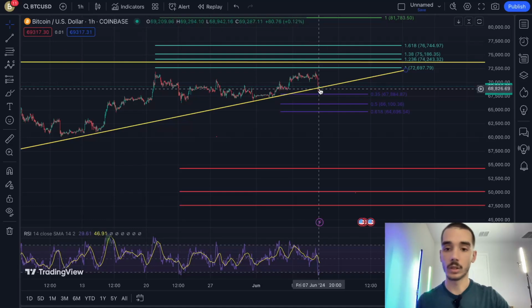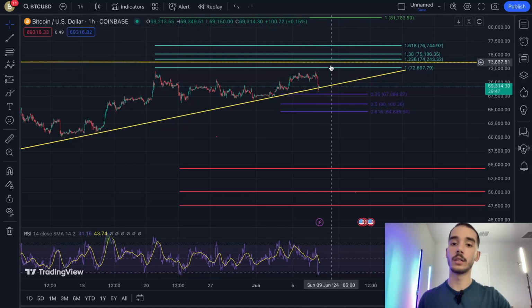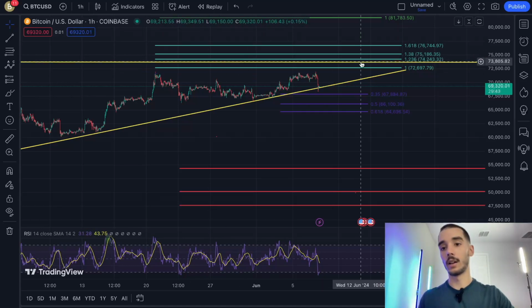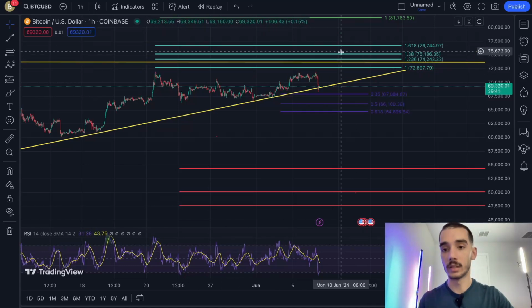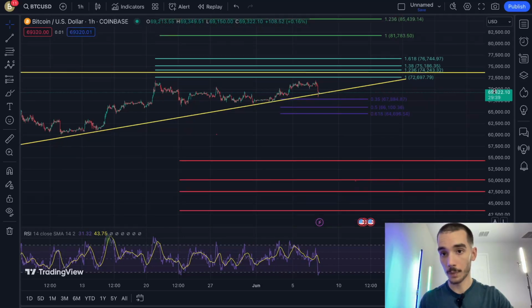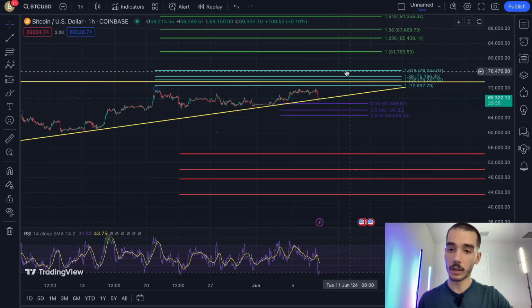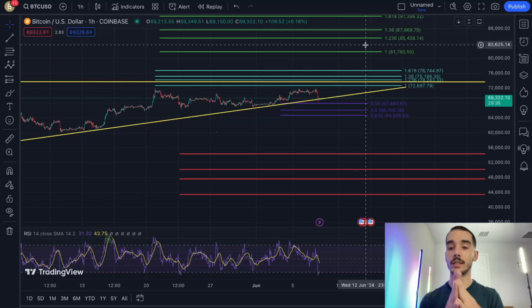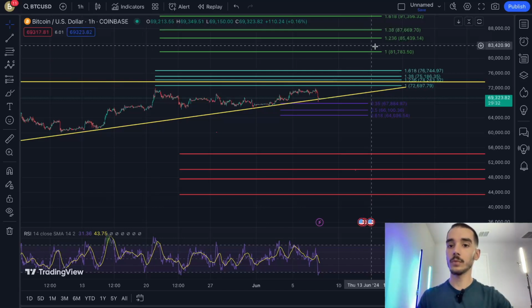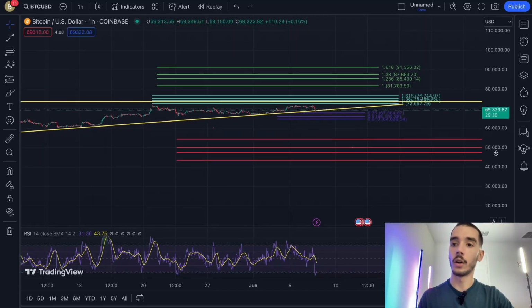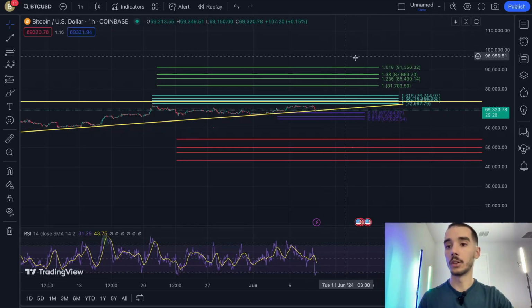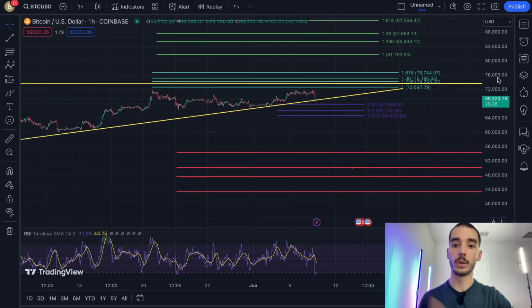We're just going to see it consolidate, respect these trend lines, break higher, and then finally break the all-time high line, bringing us up to the $76,000 range, and then eventually consolidate and bring us up to at least $85,000 shorter term, all to reach $100,000 by the end of this year, in my opinion.